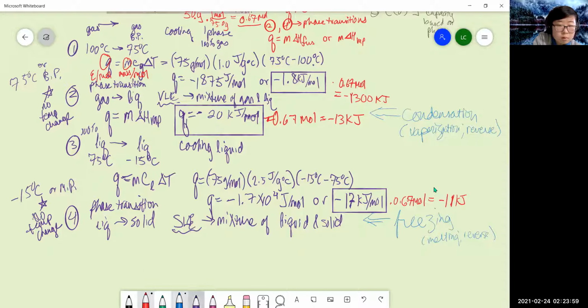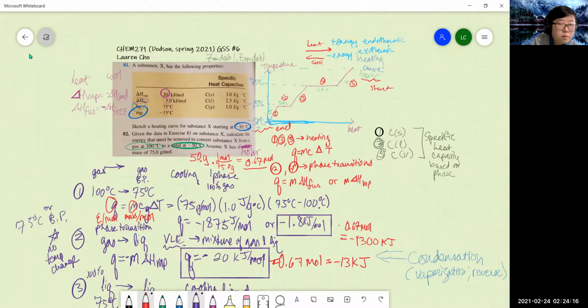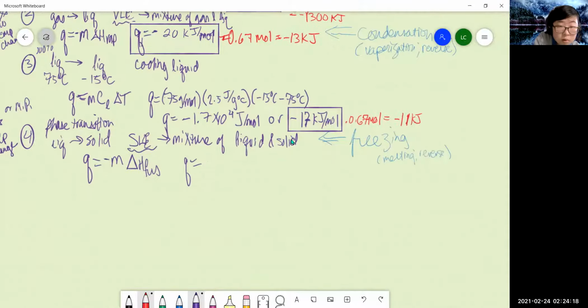So what you do here is, again, just Q equals whatever the, so sorry, there should be a negative there, negative M delta H fusion. So Q in this case would just be negative 5 kilojoules per mole. Look at your units, so it's 5.0 kilojoules per mole. So that's the answer.